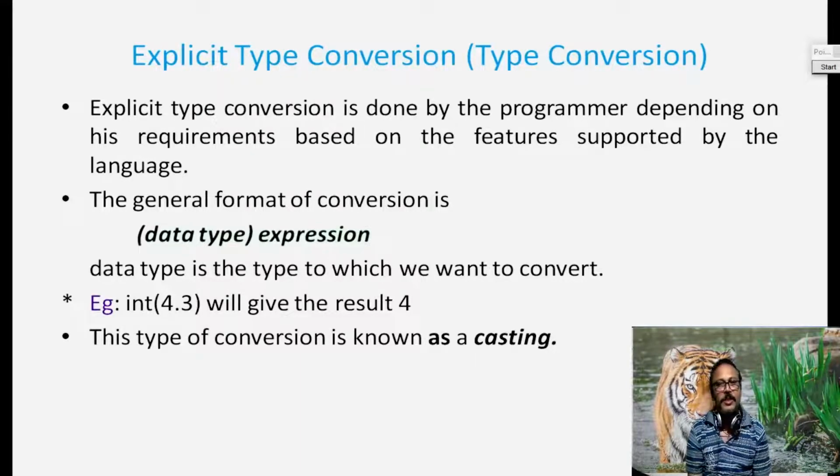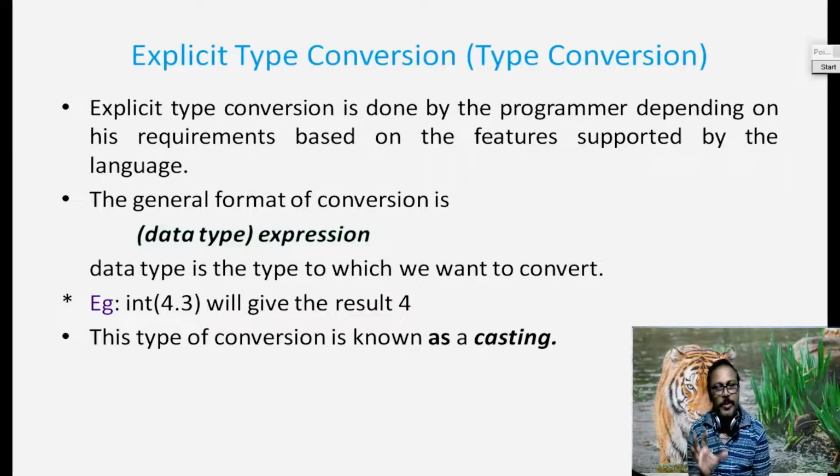Explicit type conversion. That means whatever type conversion is permitted by the language, you are not interested in it. You want to forcefully have your own conversion. That can be done by writing like this. The general format of conversion is (data type) expression.